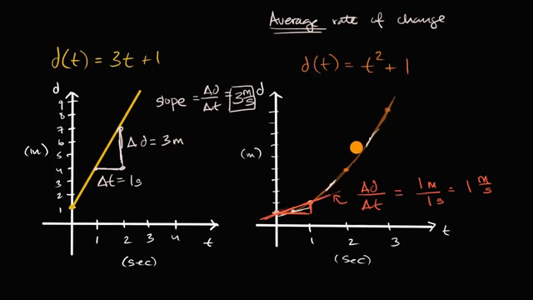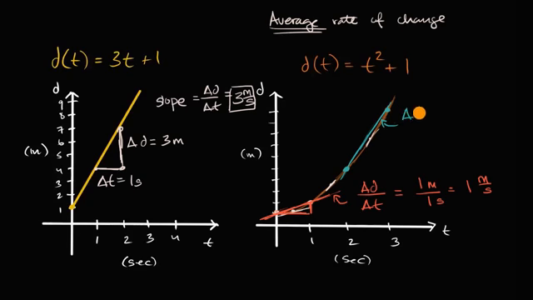But let's think about what it is if we're going from t equals 2 to t equals 3. Well, once again, we can look at this secant line, and we can figure out its slope. So the slope here, which you could also view as the average rate of change from t equals 2 to t equals 3. As I already mentioned, the rate of change seems to be constantly changing, but we can think about the average rate of change.